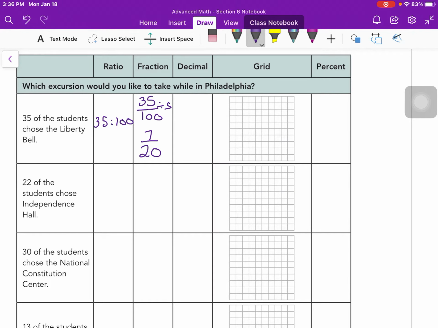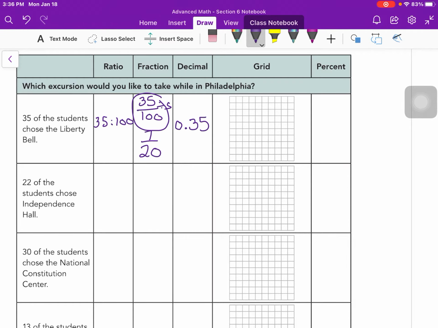They would also like me to write it as a decimal. To do that, I go back to the fraction, 35 hundredths, and I just write it as I say it, 35 hundredths. On a grid, this is a grid of 100 squares, so I'm going to fill in 35.